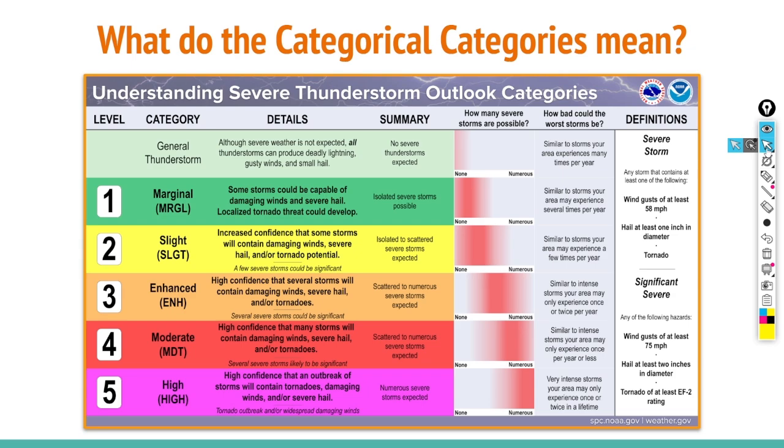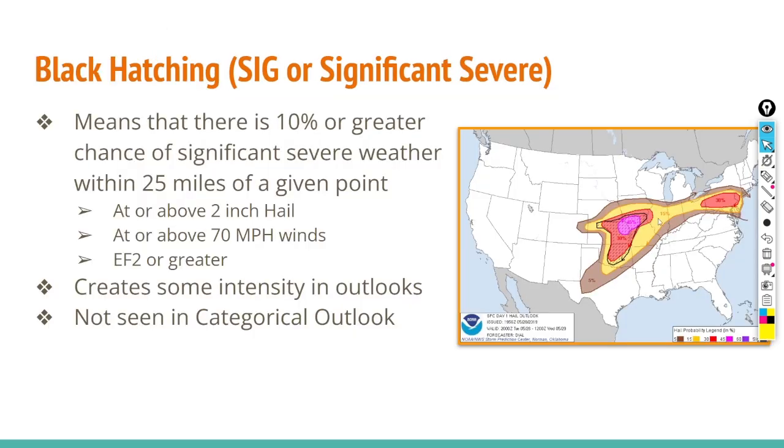It only has to be one of those to be considered significant severe, and you get that hatched risk if so. So our hatched risk in our current system means there's a 10% or greater chance of significant severe weather. It could be 2-inch diameter hail, 75-mile-per-hour winds, or EF2 or greater. That's what's demonstrated on the outlooks for hail, wind, and tornado.